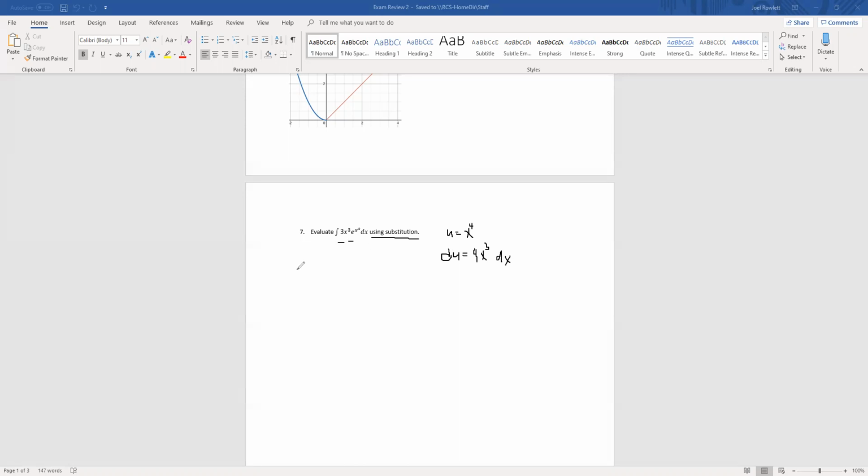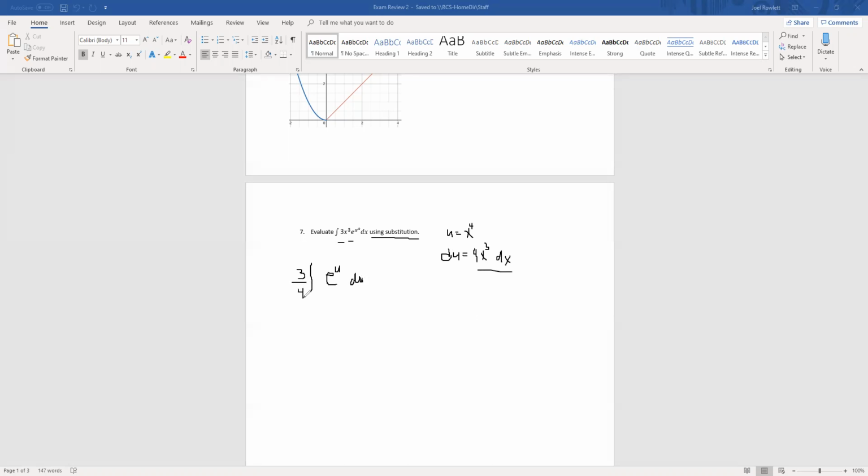So I'm going to take that 3 to the outside, not a big deal, and I'm going to now evaluate e to the u. And remember, du would have to be 4x cubed, which means I would have to put a 4 there, but then I would have to divide by 4.